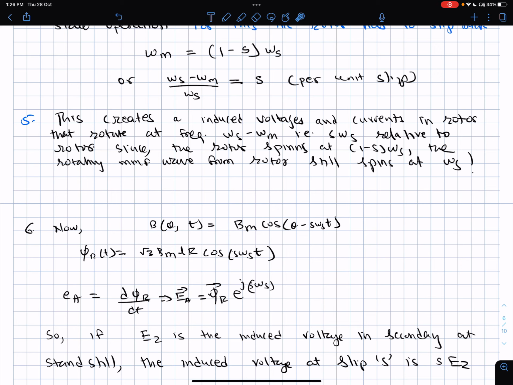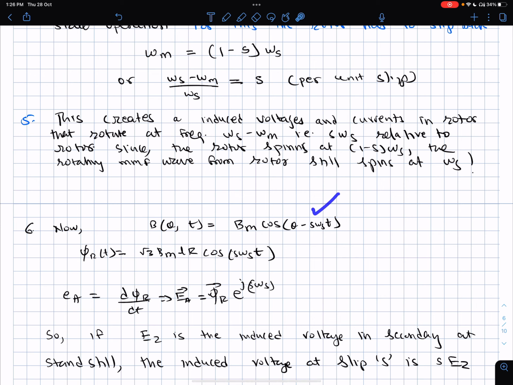The voltages that will be induced in it will be related to the rotation. The rotating MMF wave which is created out of the stator is now rotating relative to the rotor at a speed omega s minus omega m, which is the same as slip times omega s.